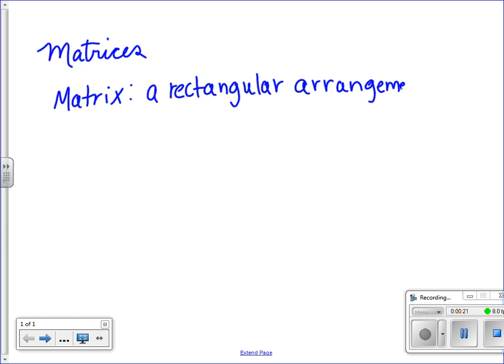There's lots of things that you can do with them. They're pretty useful with solving systems of equations, especially since computers like to put arranged numbers in a matrix. We're going to just do some basic stuff with them today.